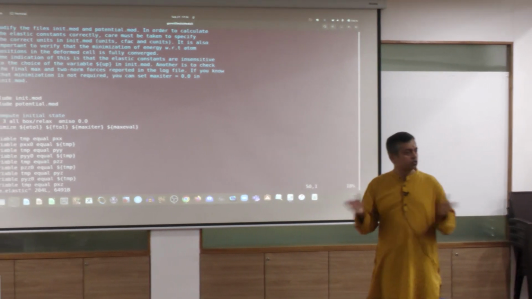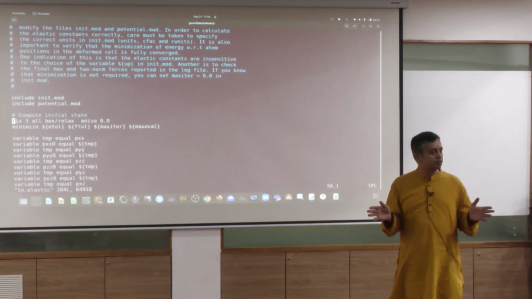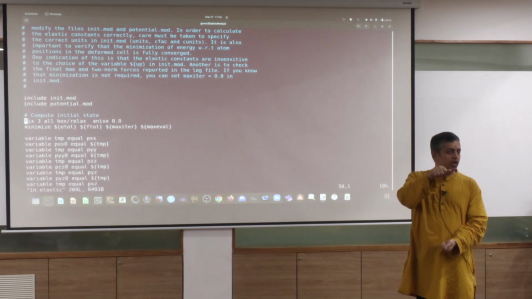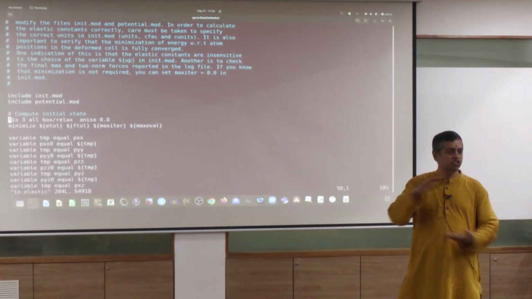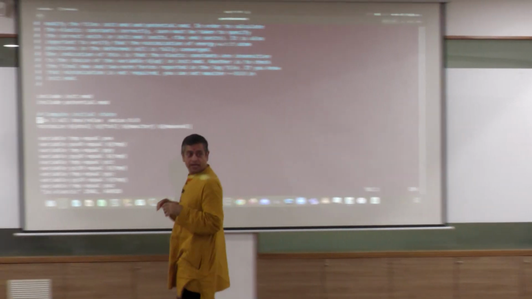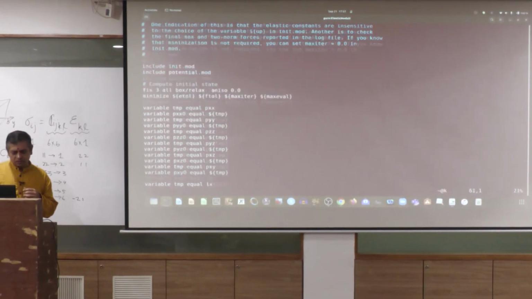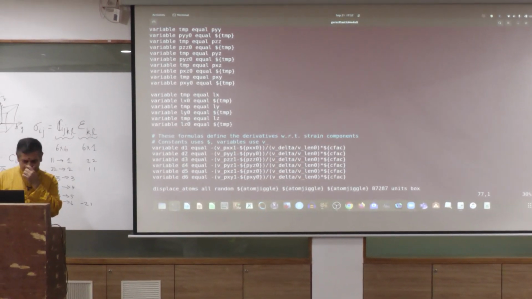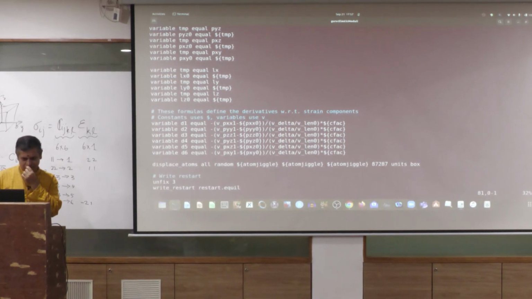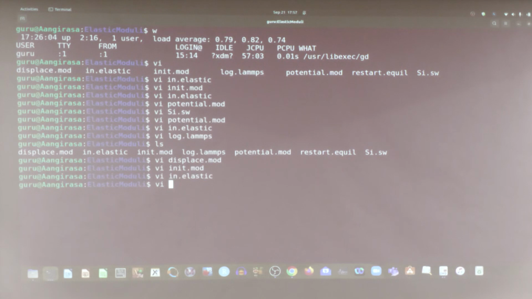Equilibration maybe you can still use iso, because it is cubic it will equilibrate, but the moment you start pulling along one direction or two directions or giving shear and so on, then you cannot expect the deformation to be isotropic. Okay, so there are a whole bunch of variables that are defined. So let us take a look at this uxx perturbation, that is what he calls the variable, direction is 1 and displace mod. What is there in displace mod?